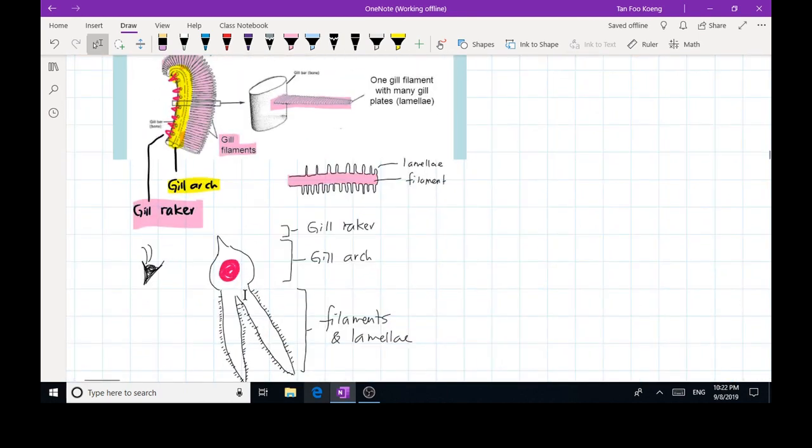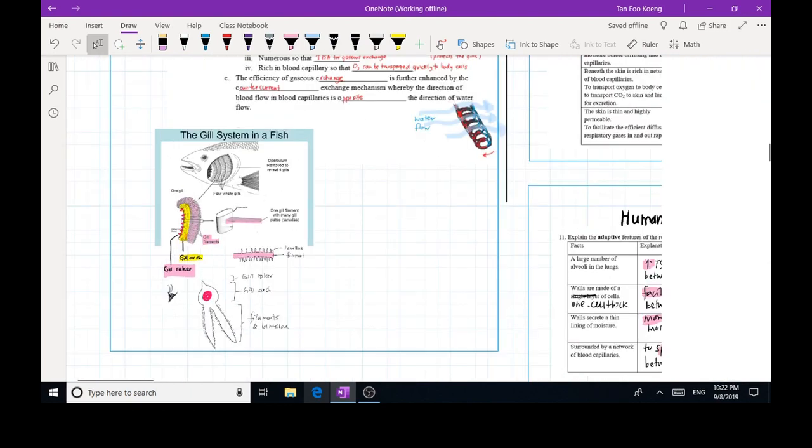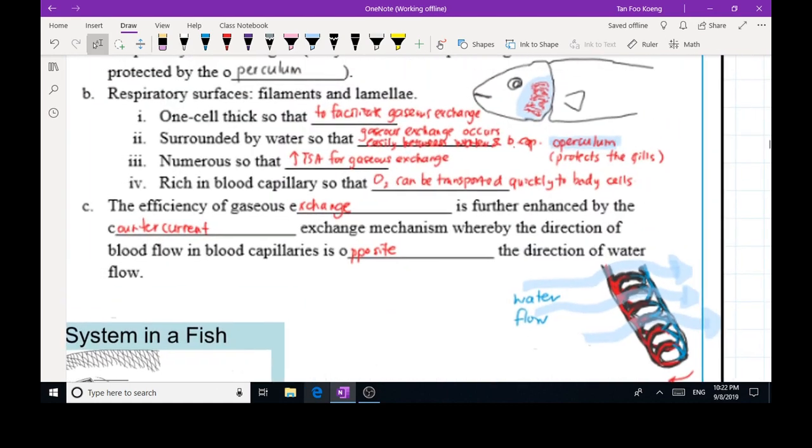You can see blood vessels or blood capillaries running through the filaments. The filaments have to be supplied with a lot of blood capillaries so that oxygen can be transported quickly to the body cells. On top of these four, there is another adaptation worth taking note of.